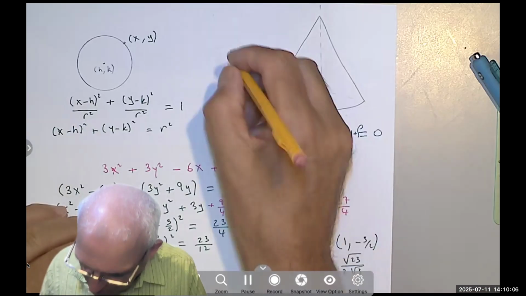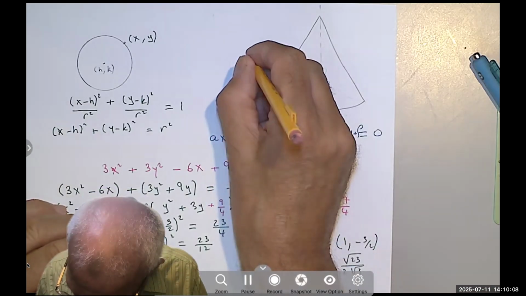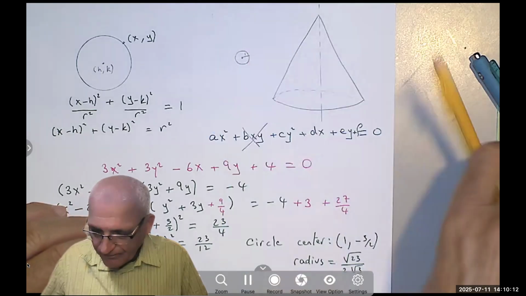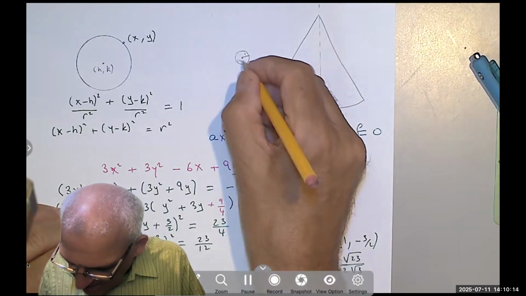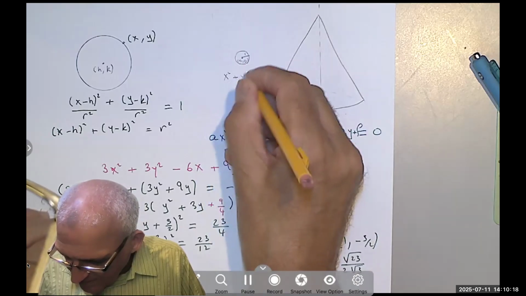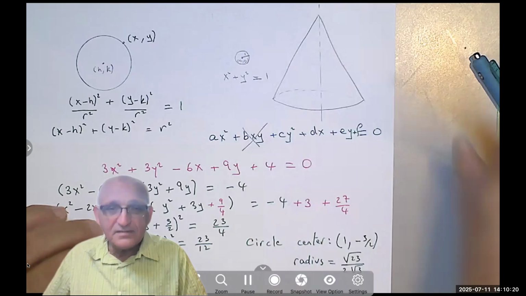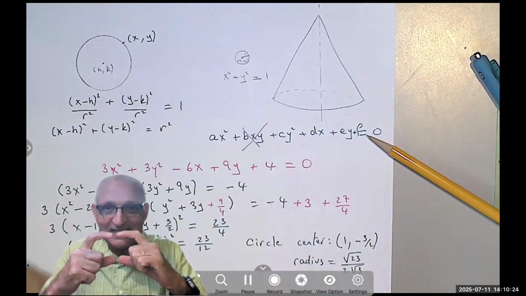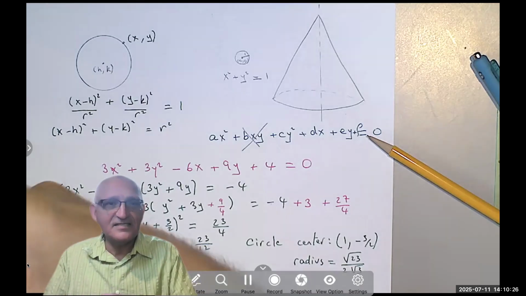If I say I have a circle with a radius 1, a unit circle, and its origin is here, then I would say x squared plus y squared equals 1, right? That's the generic circle, the circle that has a radius 1 and its center is at the origin.